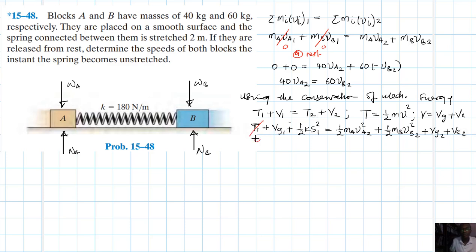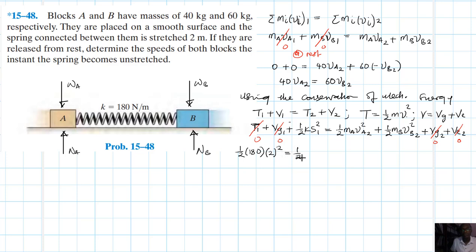Of course, this is 0, this is 0, and this is 0 also, and this one is 0. So we have half times our k, which is 180, and our s, the stretch, is 2 meters, squared.